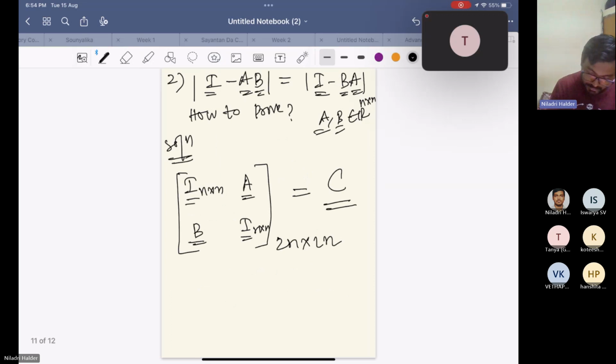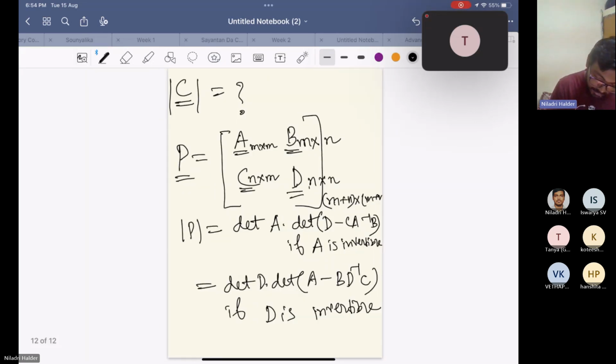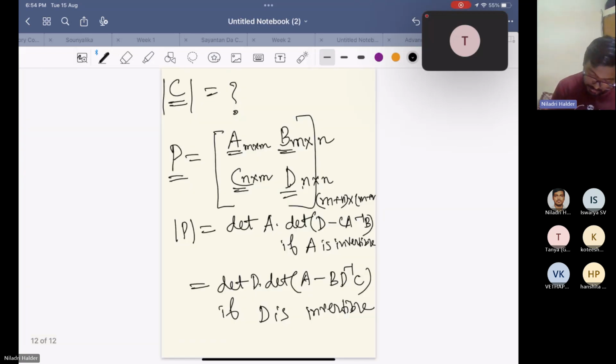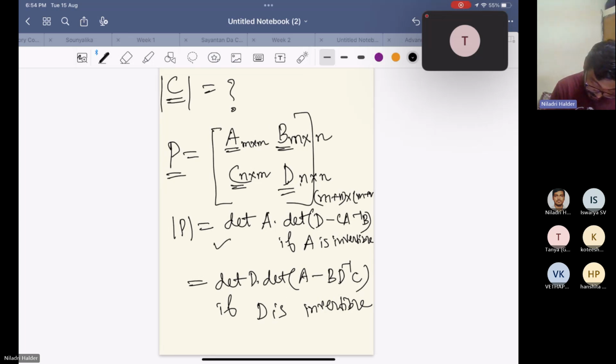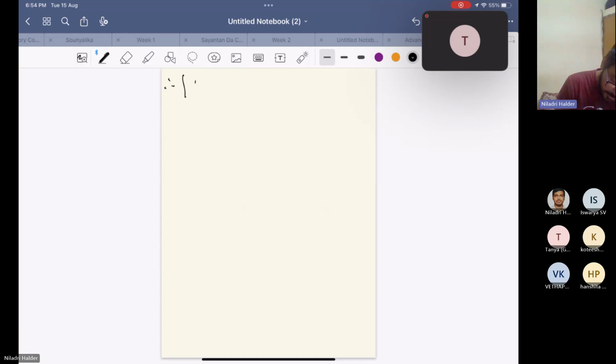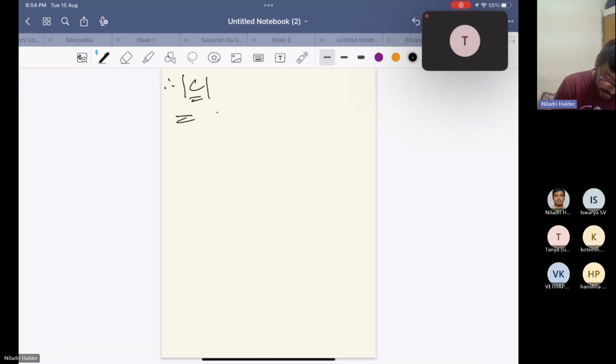Now, if you see here, both A and D are identity matrices, so both are invertible. So we can use these two formulas together. So this determinant of C can be written as, first of all, det of A. Det of A means the determinant of the identity matrix, that is 1.